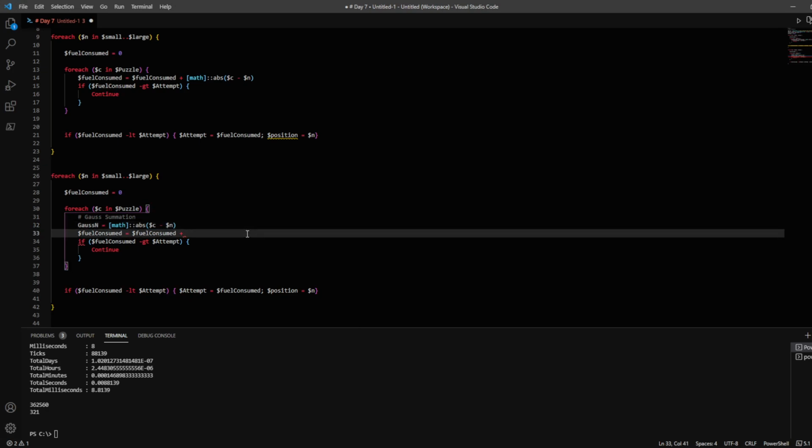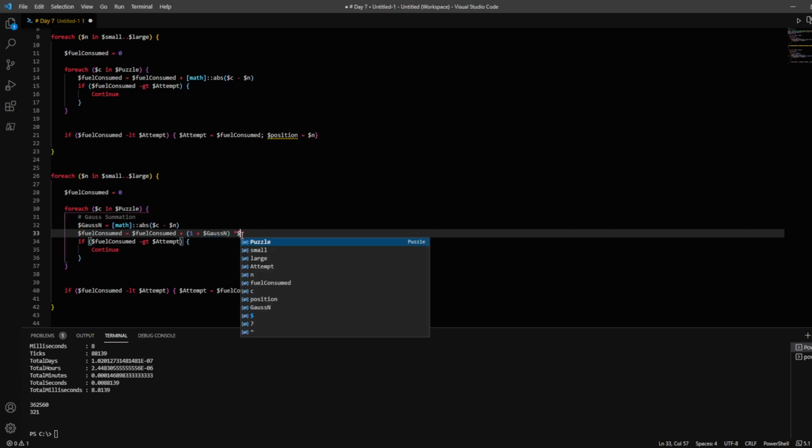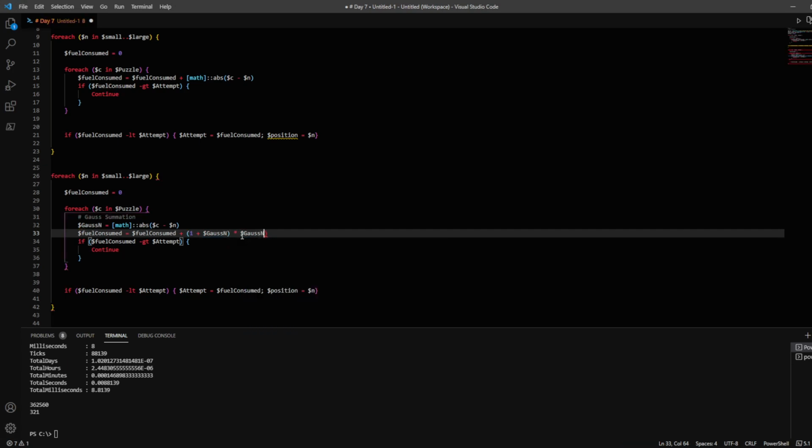So what we need to do here is just write out the formula. So we're going to say 1 plus, I deleted the variable, Gauss n times the Gauss n divided by 2.